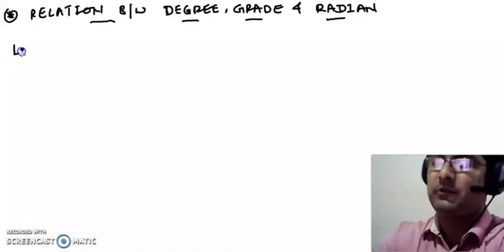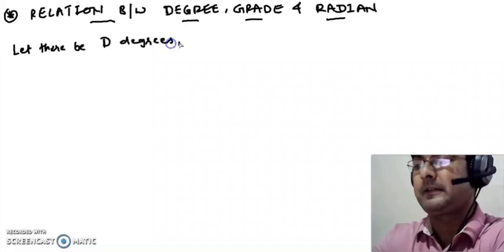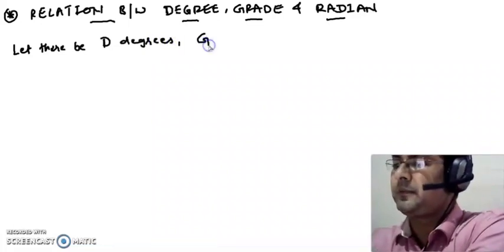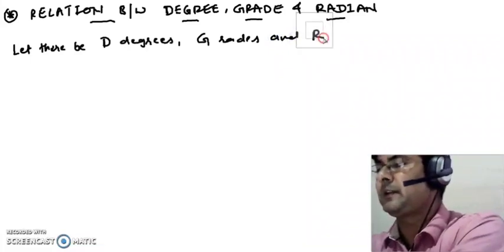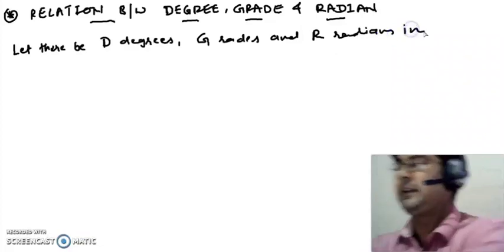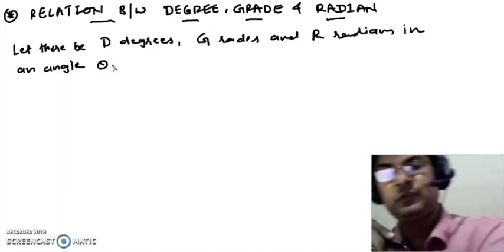So I will write down: let there be capital D degrees, capital G grades, and capital R radians in an angle theta. Okay.